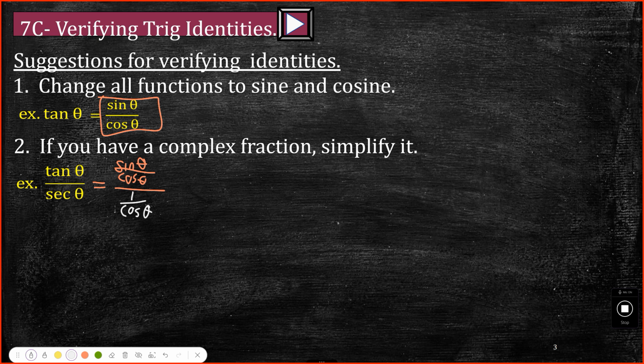But what can we do now? Cancel out the cosine theta with the cosine theta. So then cancel this, so it'd be sine theta over 1, which is sine theta.